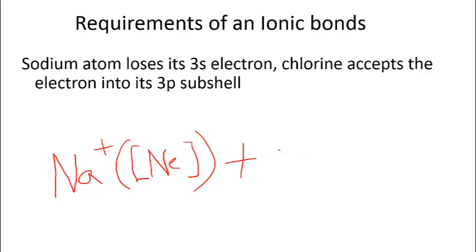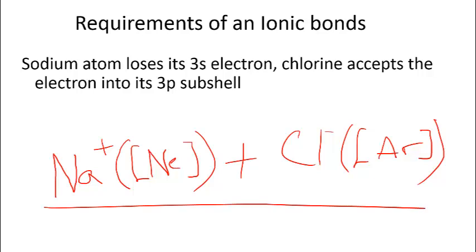Now, chlorine's atomic number Z also stays the same, but when it gains an electron, it now has a negative charge associated with it, and its electron configuration is that of argon. So sodium loses its 3s electron.